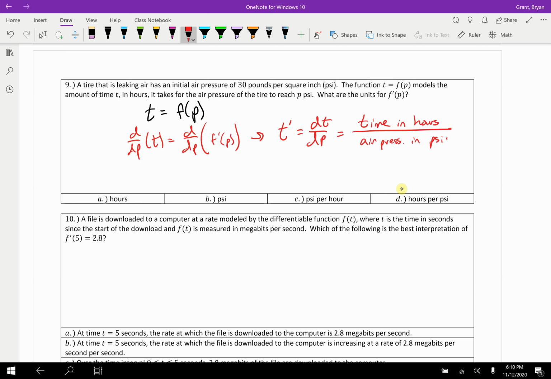So if you read this straight down, our units for T prime are hours per psi, right? Reading straight down. And that is a really tricky question. You're like, psi per hour, we're so used to time being in the denominator, it's something per hour, but we're not doing it per hour, we're doing it per psi. Every psi changes the time. Tricky, tricky, tricky.